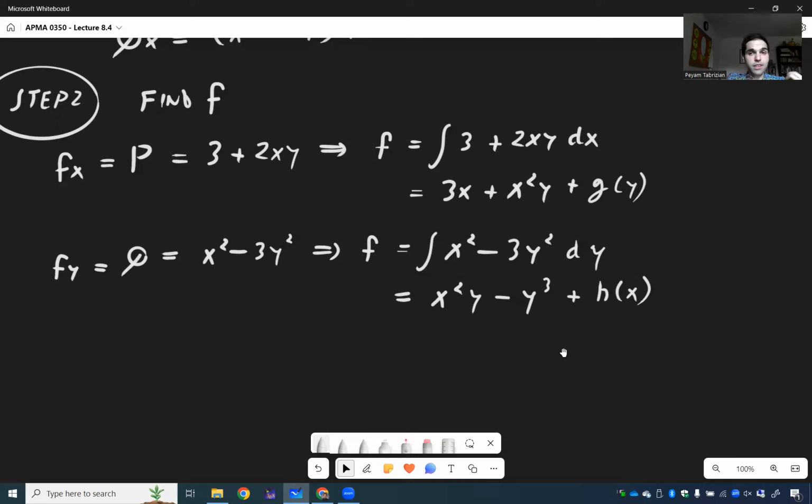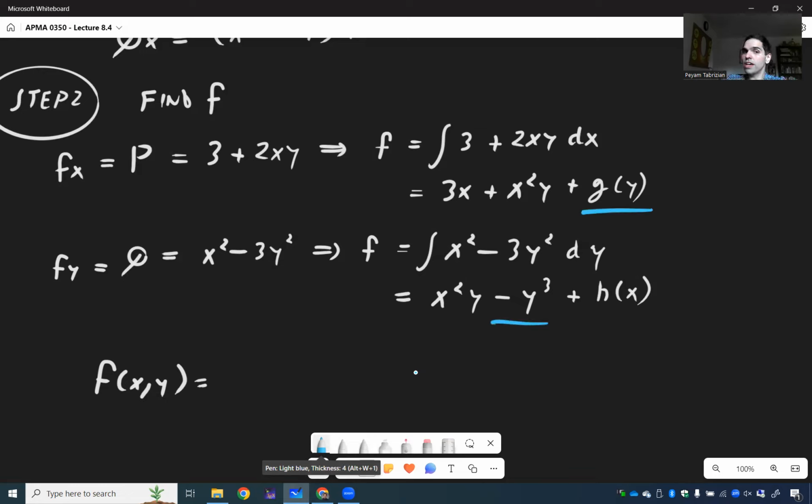Now, we have to compare. It's a bit trickier here, but think as follows. We have this mystery function f. I tell you that it's 3x plus x squared y plus some y terms, but it's also x squared y minus y cubed plus some x terms. So if you compare this carefully, what are the y terms?